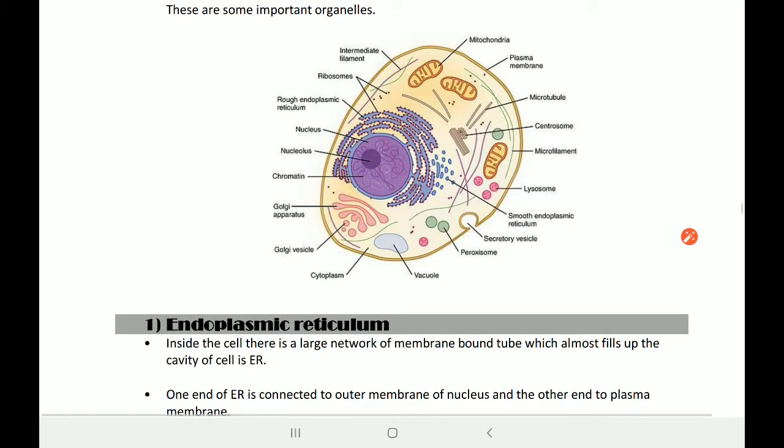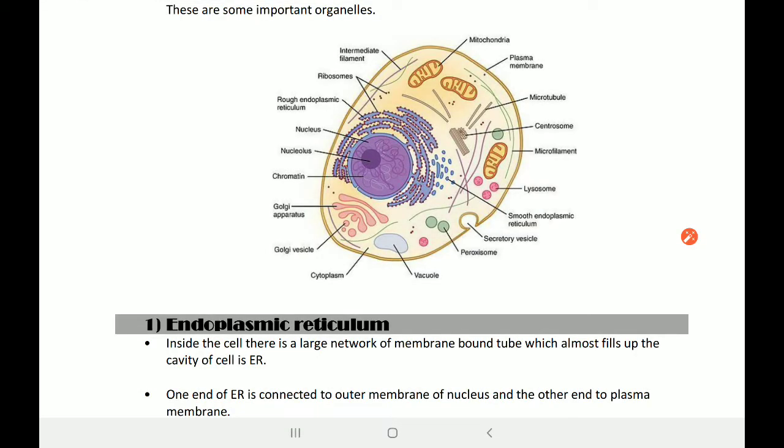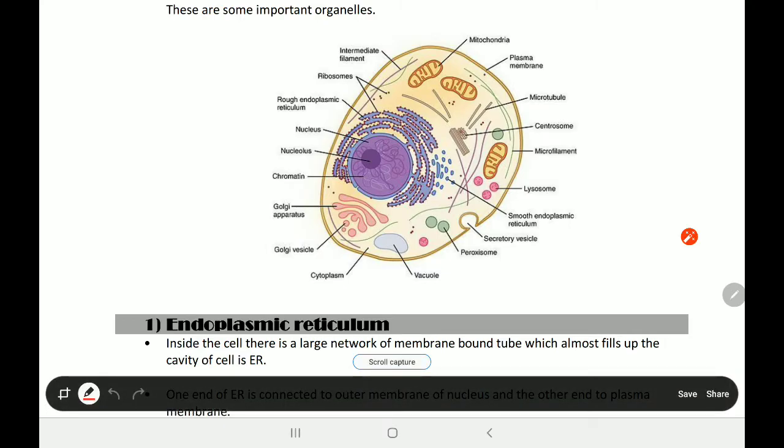This is the cell, and we have some organelles. Out of all those written here in the cell, I will be showing you a few important organelles.